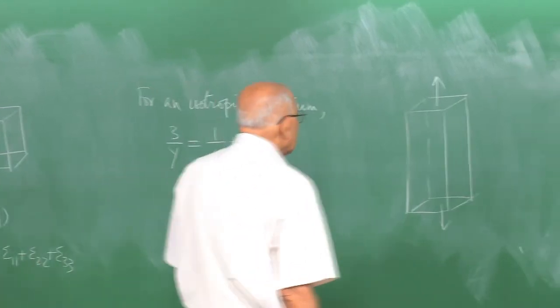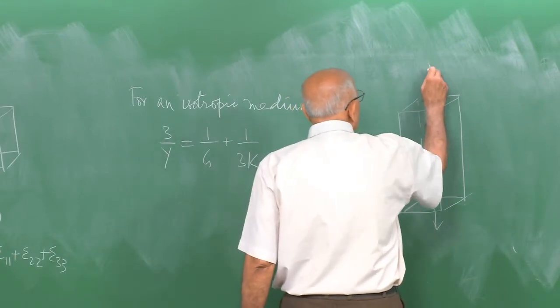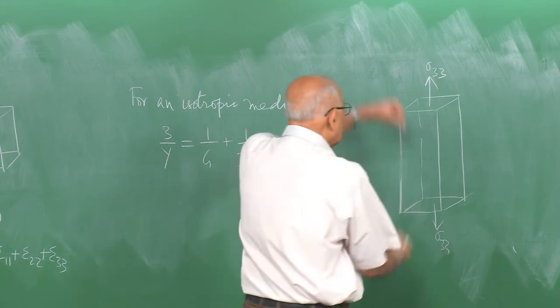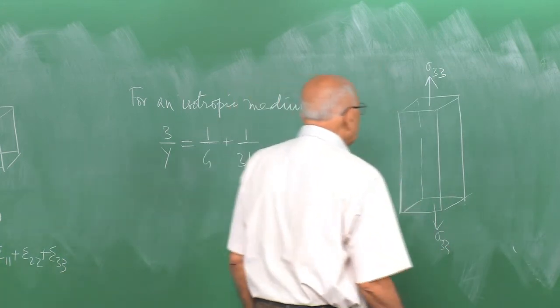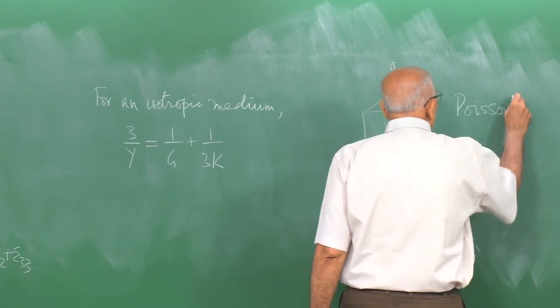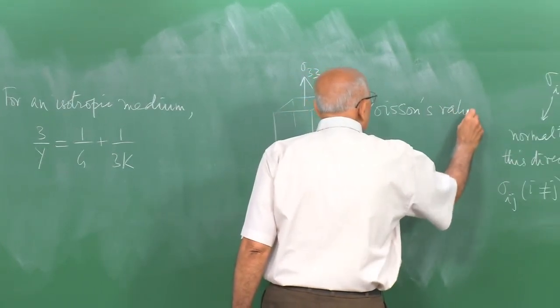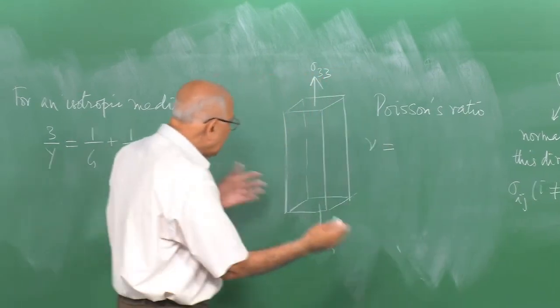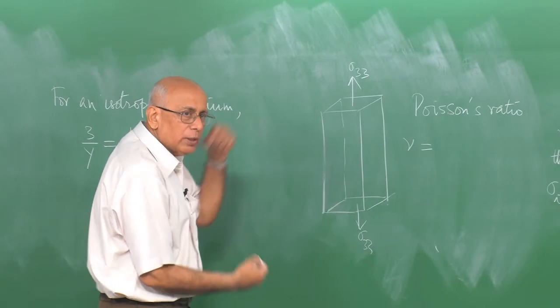And if this is the 3 direction, this is sigma 33, the stress applied in the 3 direction, then Poisson's ratio nu is defined as the lateral strain divided by the longitudinal strain.